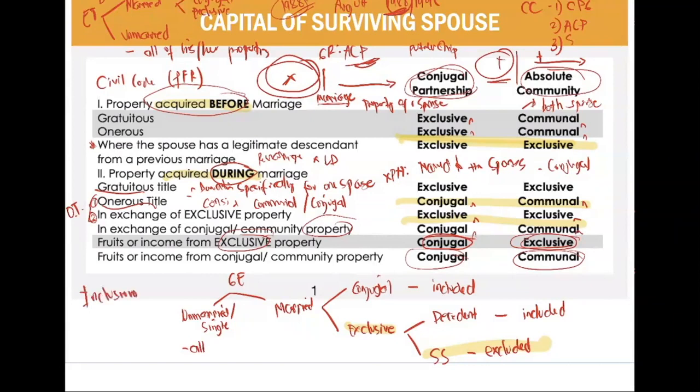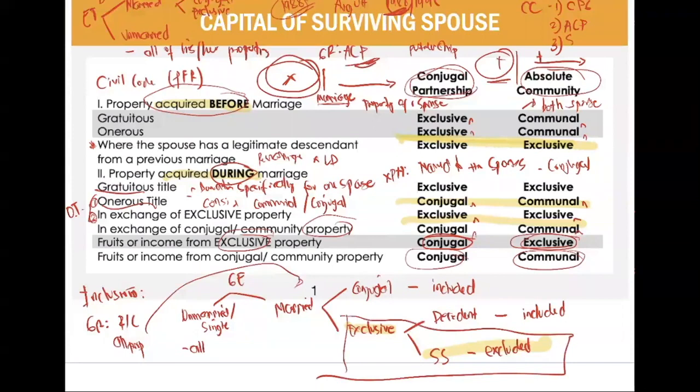Our inclusions as a general rule, if that is a resident or citizen, all properties. As an exception to all properties in case of married, the first exception is the capital of the surviving spouse. When we talk about capital of surviving spouse, please take note, it is only the exclusive property of the surviving spouse, nothing else.